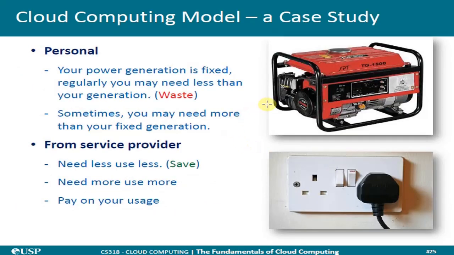So for example, let's look at electricity, a utility like electricity supply. If we have personal electricity generation, your power generation is fixed, right? Depending on your generator, you generate a fixed amount of power regularly.